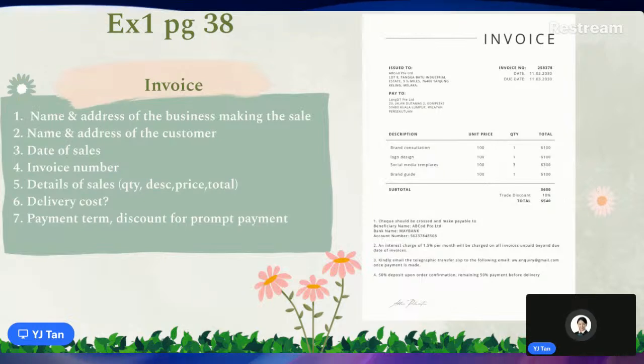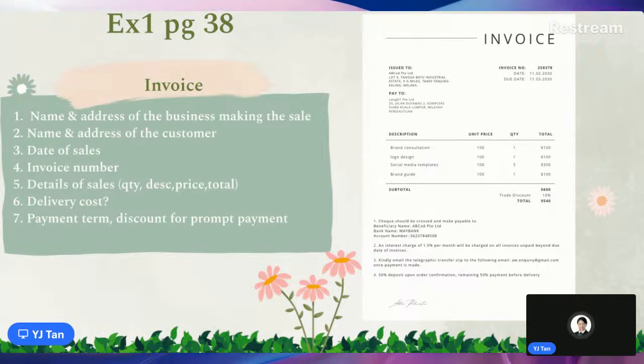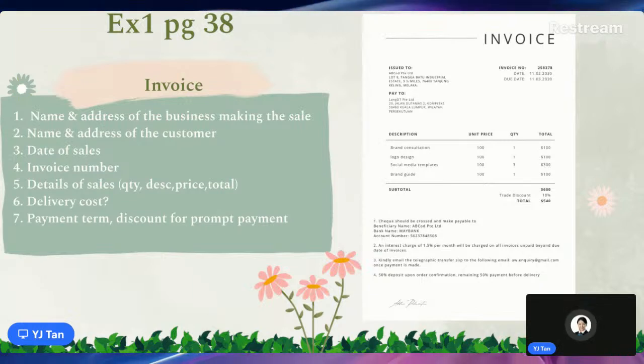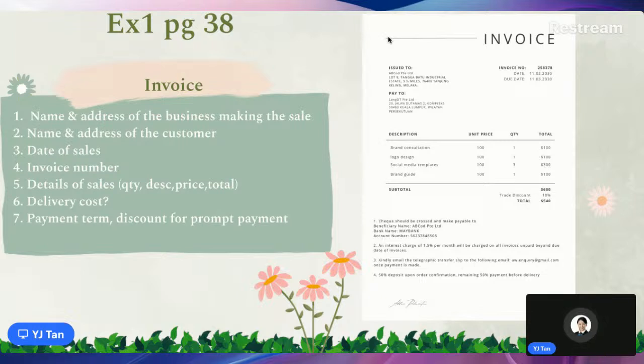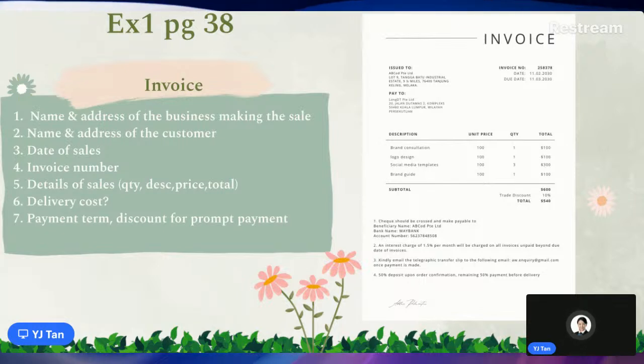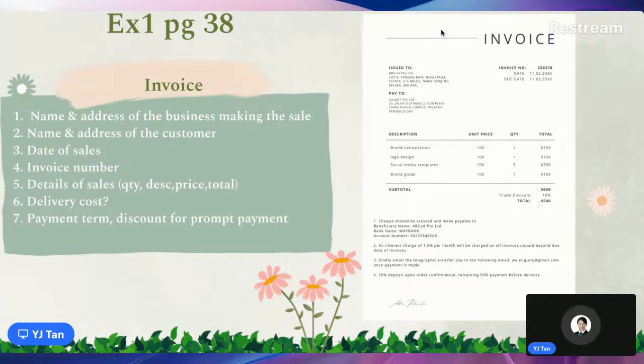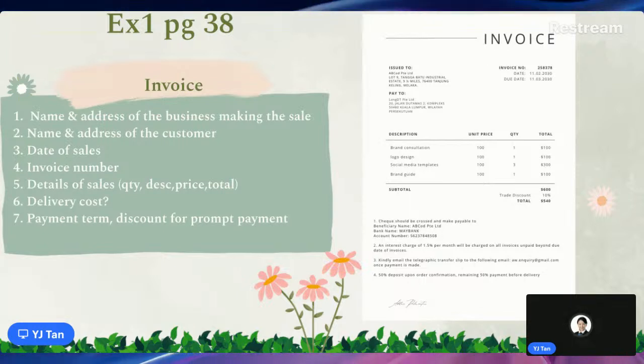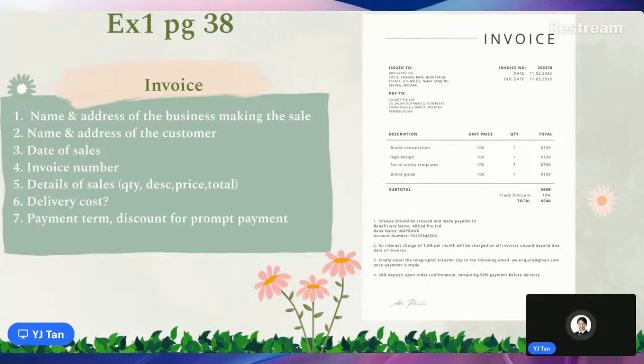Let's have a look at the invoice. On the right, you will see an invoice sample. In this sample, you can see that the issue to means this invoice is given to a customer, with the company name or a personal name and the address.